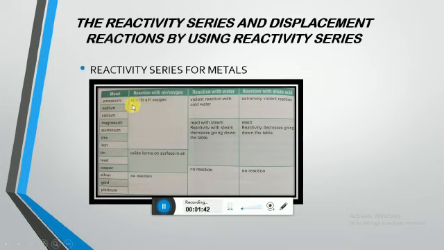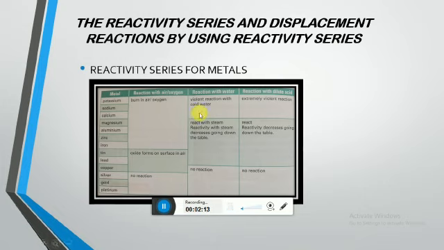Let's move downward in order. Tin, lead, copper, whenever they react with air and oxygen, they form oxides on the surface in air. And further, at the bottom, silver, gold, and platinum, there is no reaction with air and oxygen.